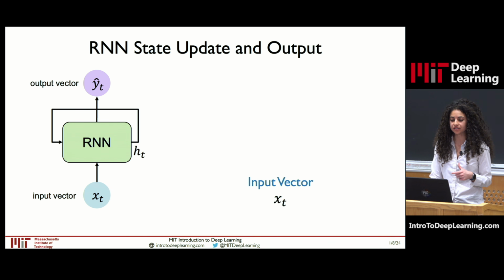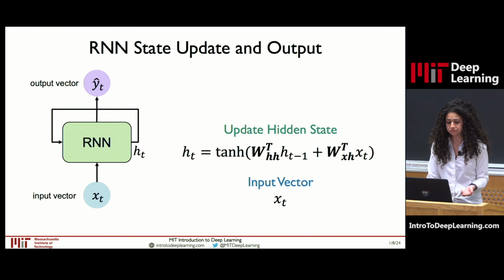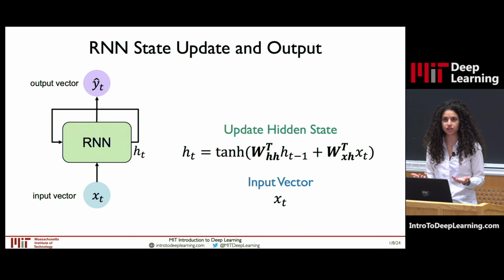To walk through this, we have this input vector, x of t. We can use a mathematical description based on the nonlinear activation function and a set of neural network weights to update the hidden state h of t. While this may seem complicated, it's very similar to what we saw prior. We're learning an individual matrix of weights for updating the hidden state, and one for updating the input.